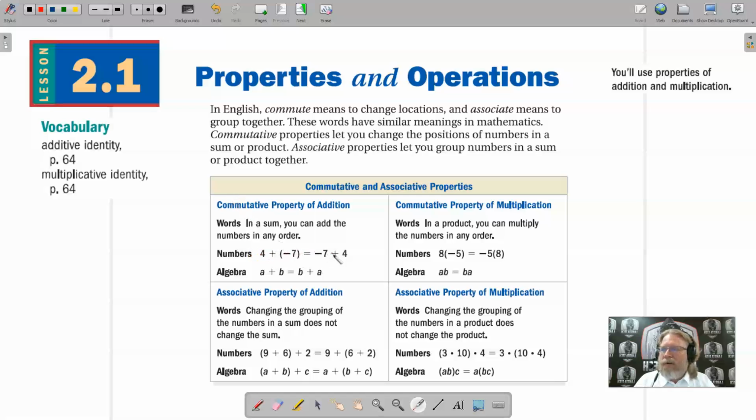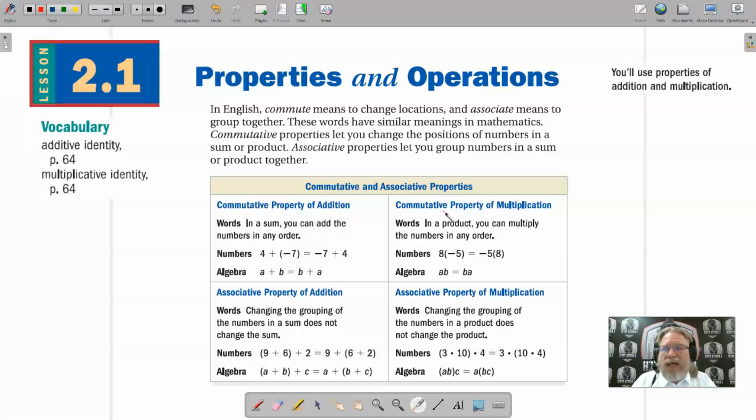The 4 moved to the second position, and the 7 moved to the first position. If we do this in algebra, we say that A plus B is equal to B plus A. Still the same thing. They're equal to one another because it's addition. They can change location. Change in location is all about commuting. Therefore, it's the commutative property of addition.